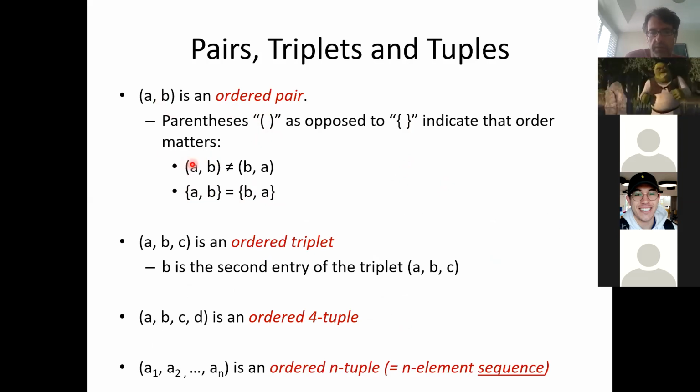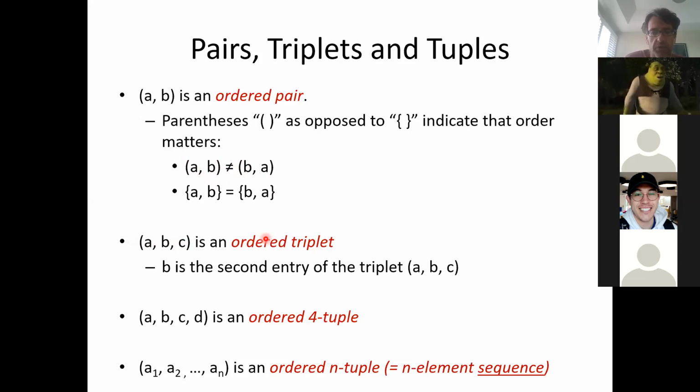So it's a sequence that has 2 elements, A and B, and we declare it as a different object than a sequence that includes B and A. Think of a list in a data structure: obviously the order matters. You can have a sorted list and an unsorted list.